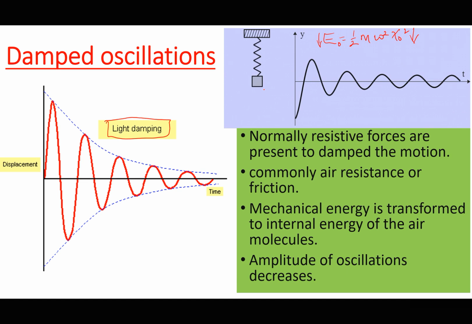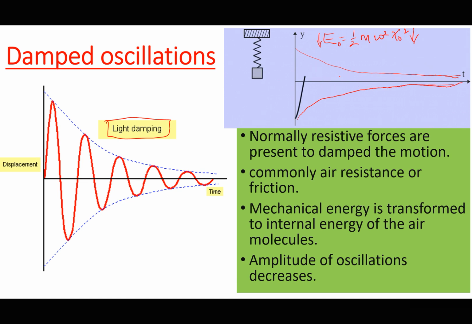In this animation represented with a spring, the spring is given a displacement, but because of maybe air resistance, the amplitude of vibration goes on decreasing, as demonstrated by this animation here. But the frequency is remaining the same.